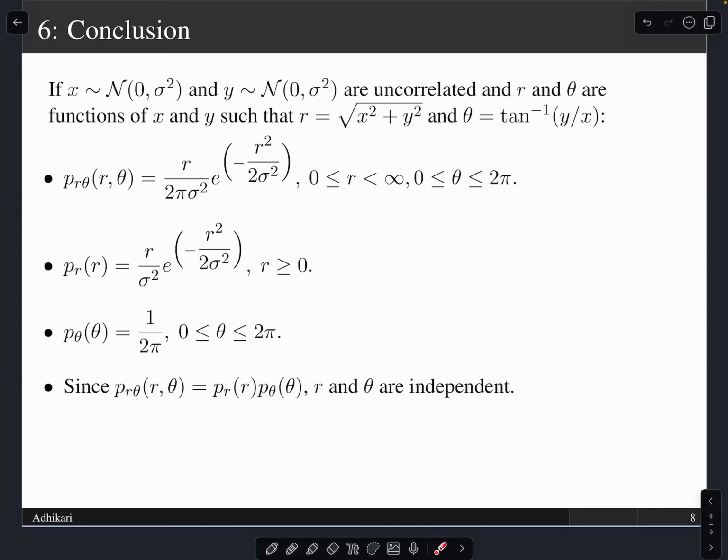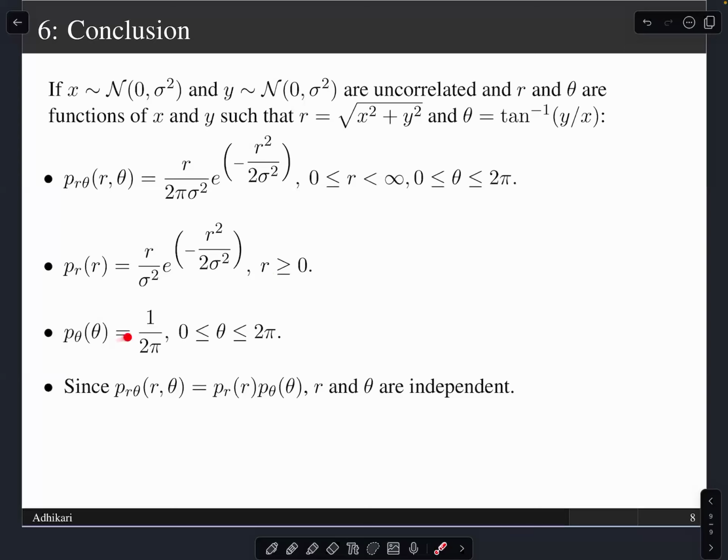So finally, what we can see is that if x and y both have normal distributions with 0 mean and the same variance, and they are uncorrelated, then the joint PDF of r and theta, which are defined like this, is given by this expression. The PDF of r is Rayleigh distributed, given by this.